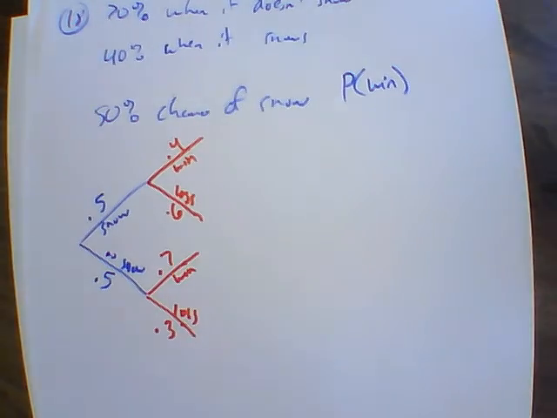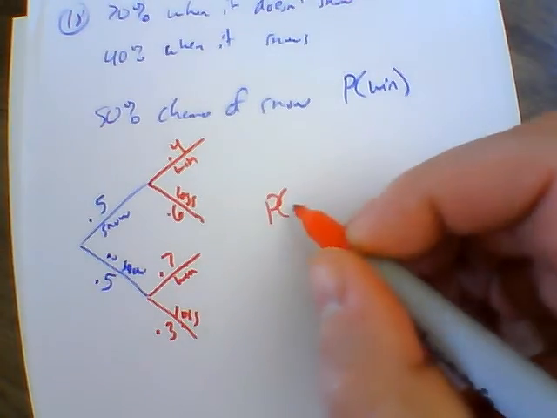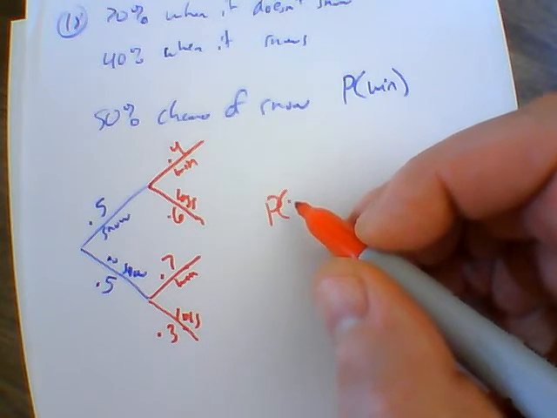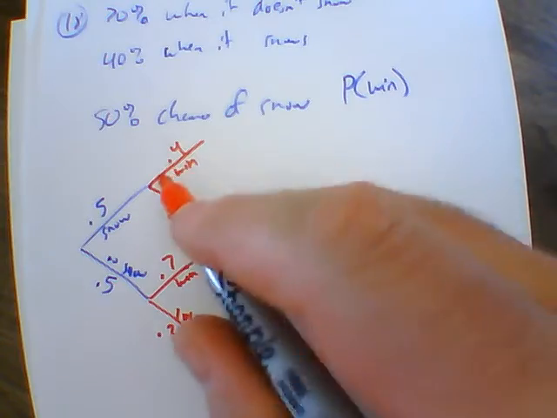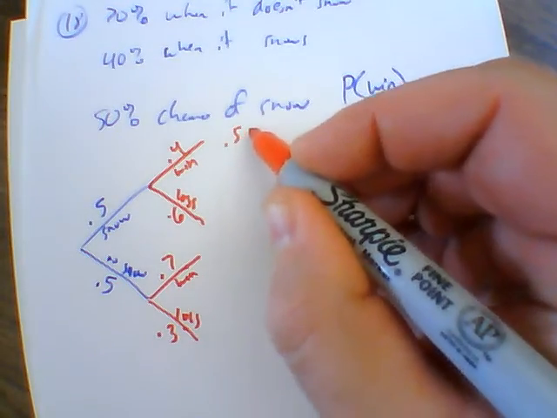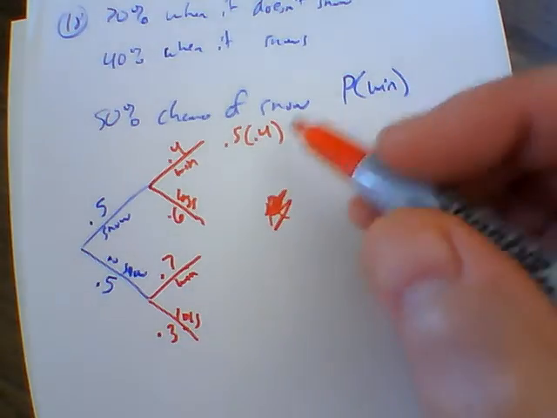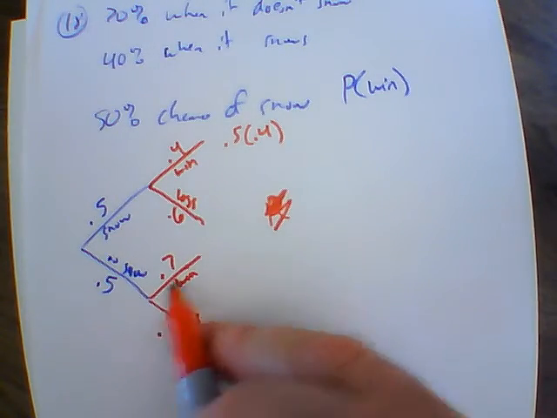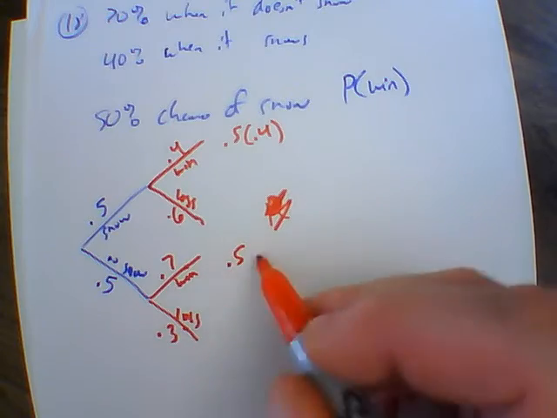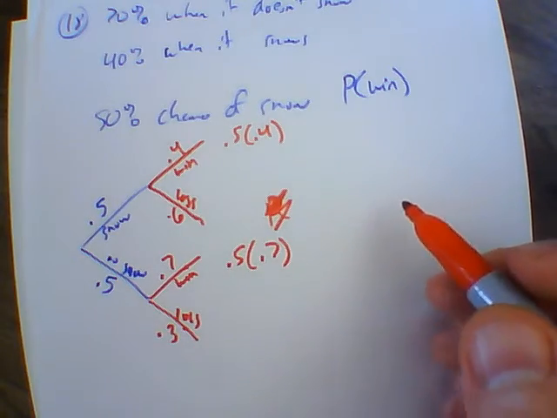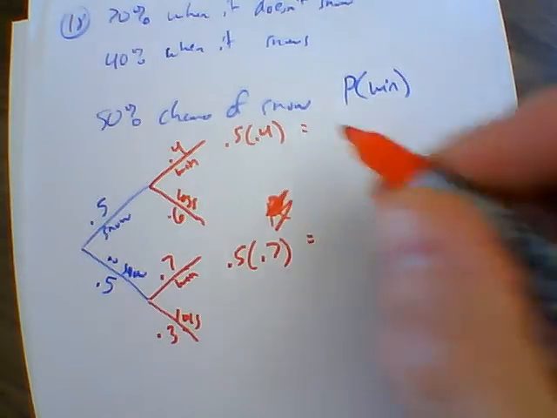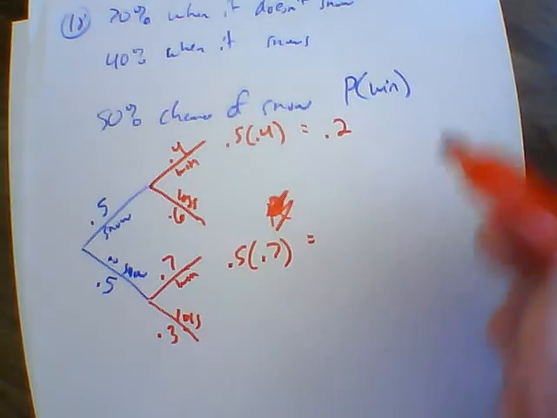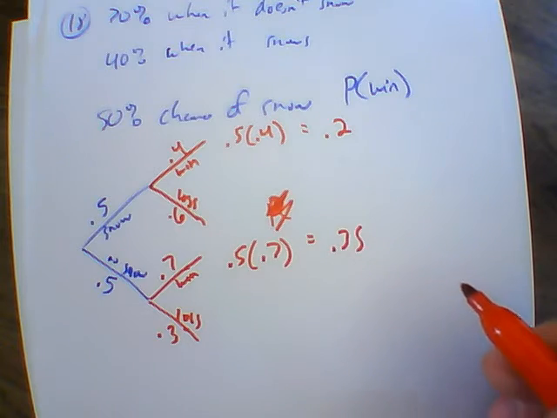If we look at the probability of a win with snow, this would be 0.5 times 0.4. If we look at the probability of a win without snow, this would be 0.5 times 0.7. So we see that this is 0.2 and this is 0.35.